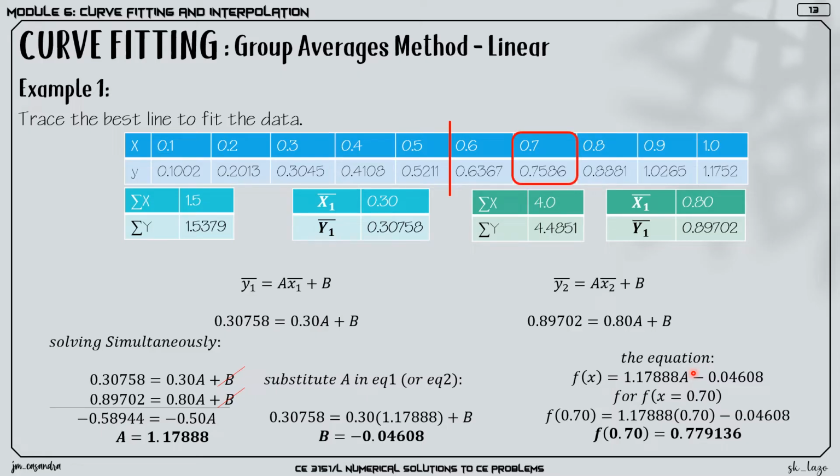And comparing this to the given data for x, y, which is 0.7586, so we can compute for the error of our line as approximately equal to 0.020536, which is almost minimal or almost equal to 0, so this could be acceptable.